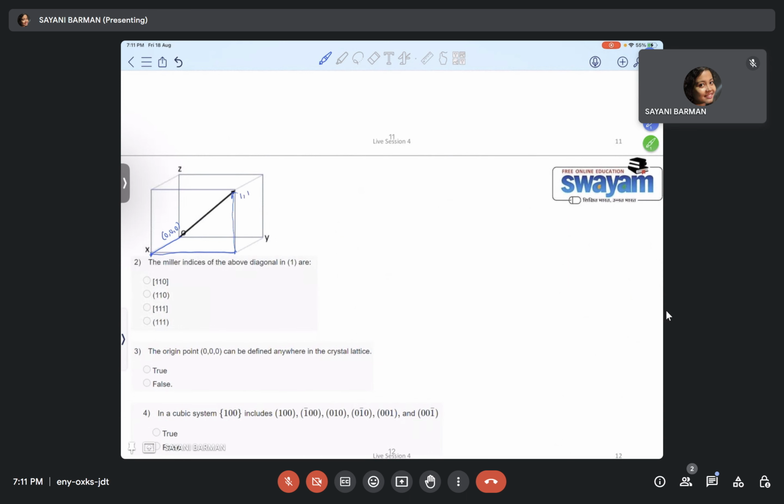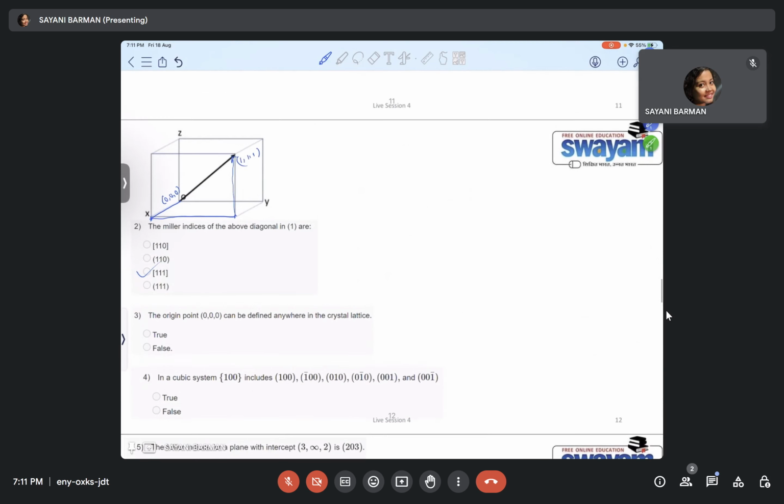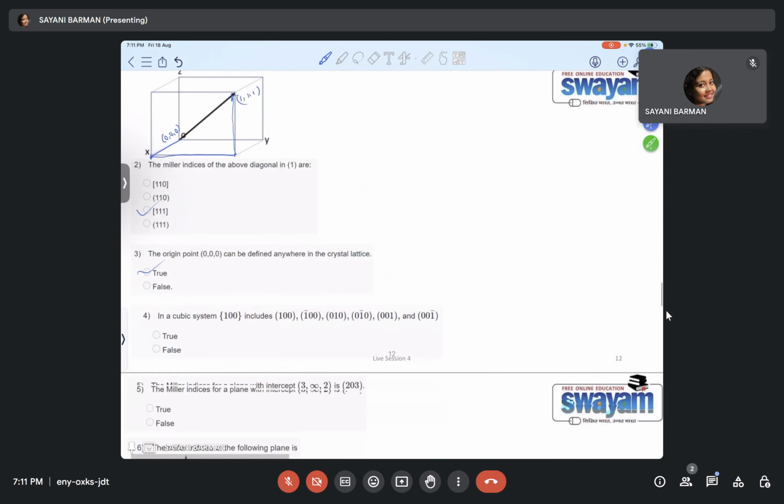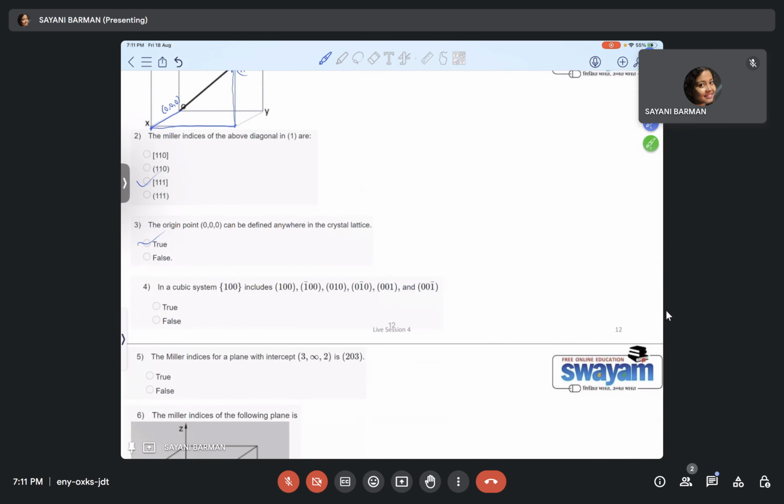So it is 1, 1, 1. The origin point of 0, 0, 0 can be defined anywhere in the crystal lattice. Yes, it's true. It has already been shown in the lectures. And the next one is, in a cubic system, this includes these Miller indices. Yes, it's true because this is the equivalent plane. It can be indicated in any permutation combination.